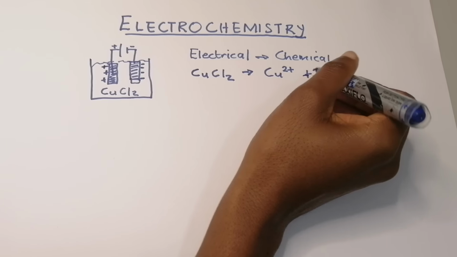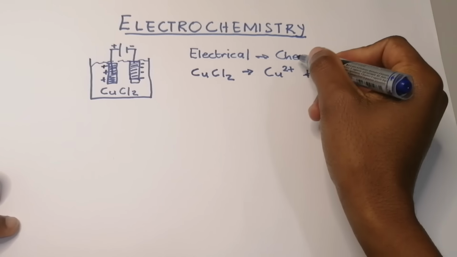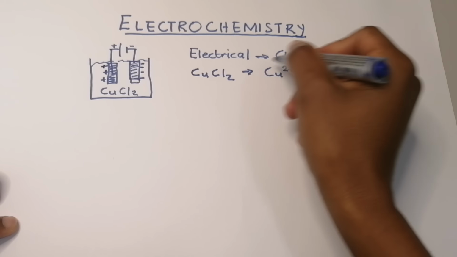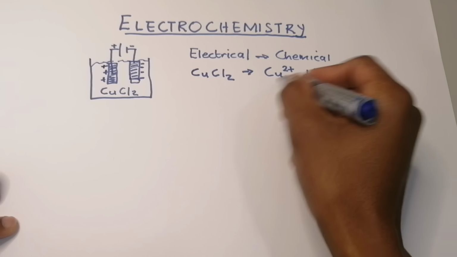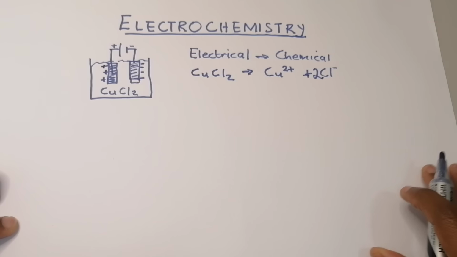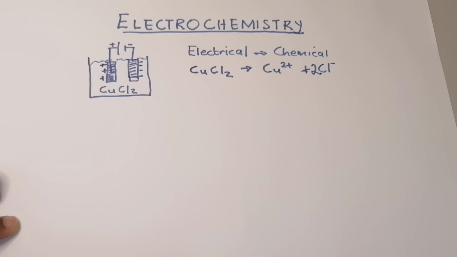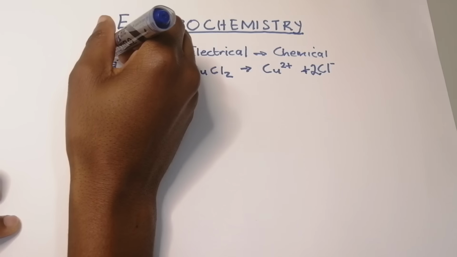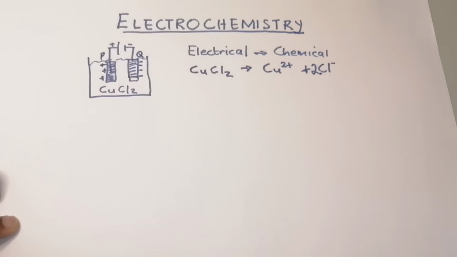Meaning that this electrolyte contains cations, which are copper 2+ ions, and it also contains anions, which are Cl- ions. Let's say for argument's sake, this is electrode P and this is electrode Q.